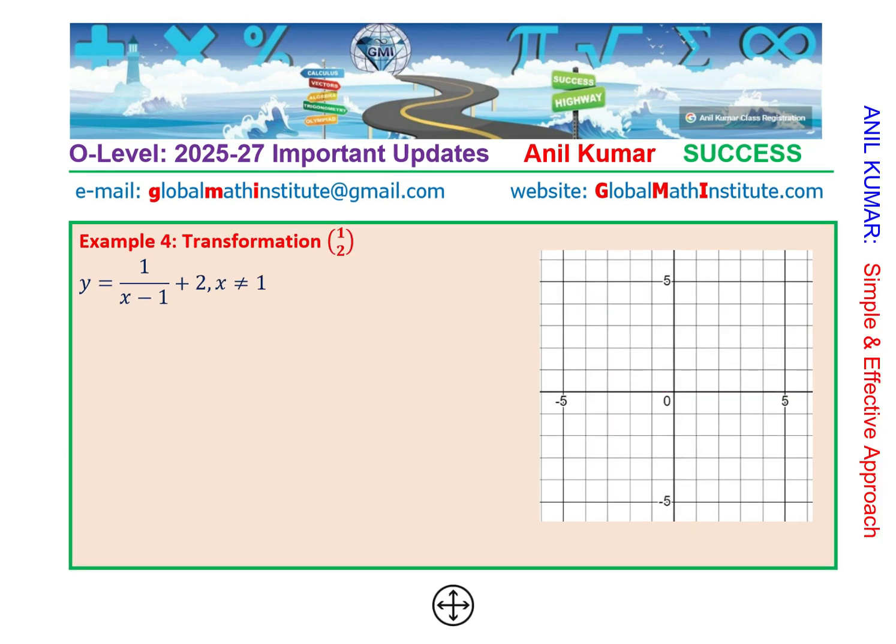So I changed this equation to y equals 1 over x minus 1 plus 2, right? So now can you tell me what kind of transformation is taking place? As you can see, x is not equal to plus 1, right? So we have a vertical asymptote which shifted from x equals 0 to the right by 1 unit, which is x equals 1, correct?